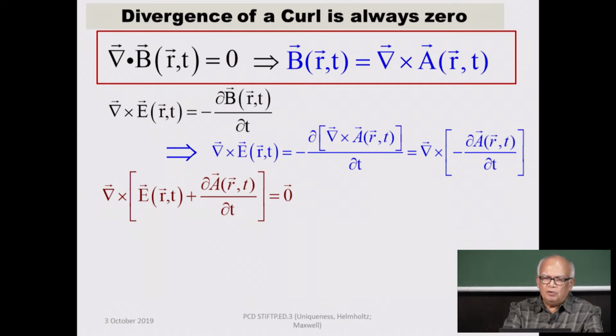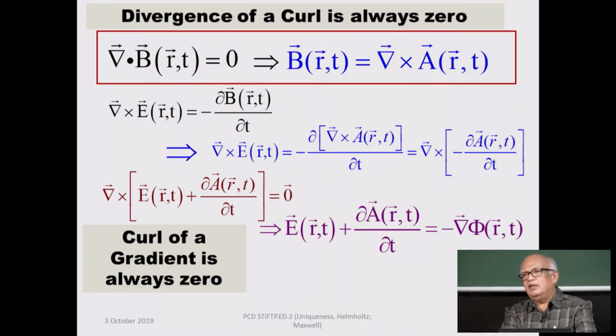And if it is irrotational, you can certainly write it as the gradient of a potential, because any vector field which is irrotational can be written as the gradient of a potential, because the curl of the gradient of a potential is always 0. All right.